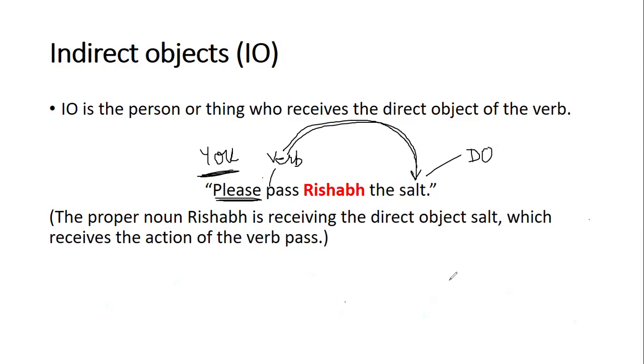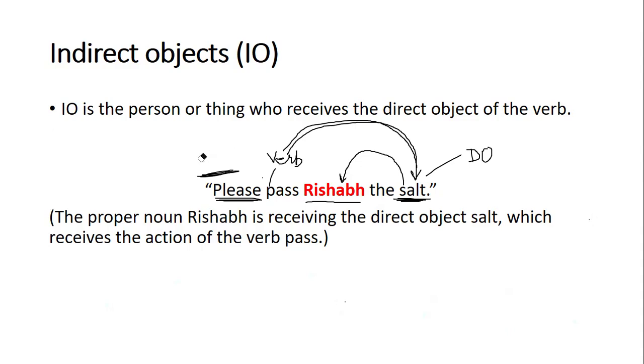And to whom do we have to pass the salt? We have to pass it to Rishabh. So Rishabh is our indirect object. You saw Rishabh is a proper noun, it's a name. And he is receiving this direct object, salt. To pass is the verb, right?